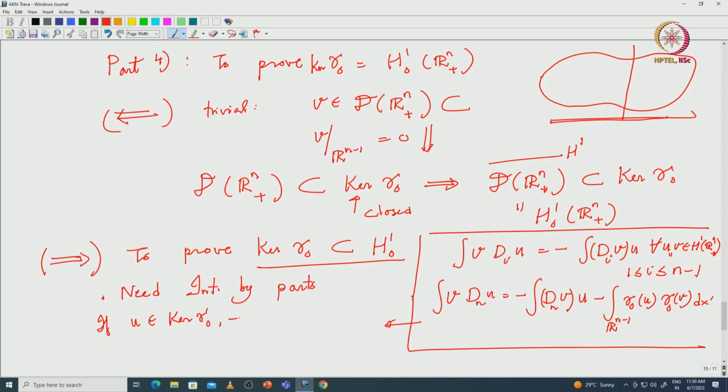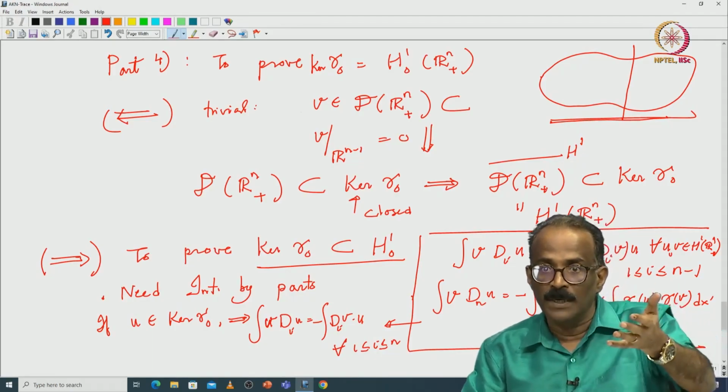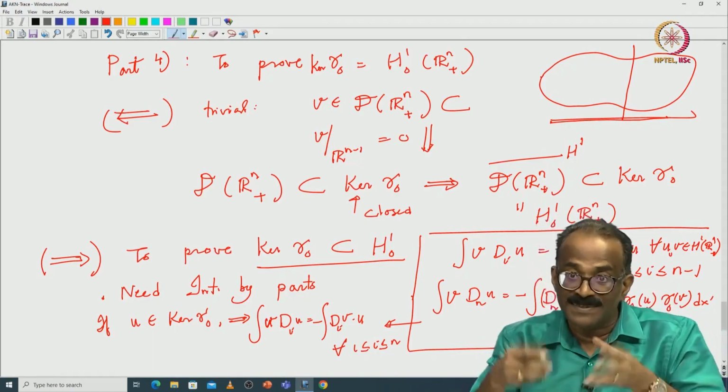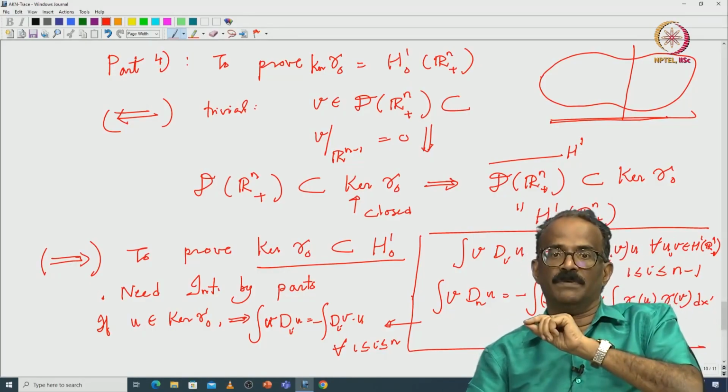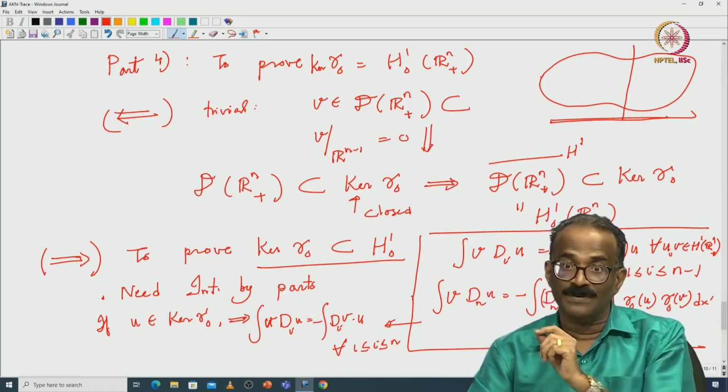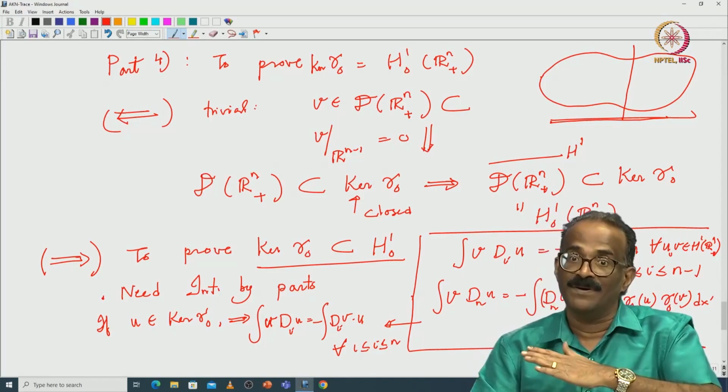So, you get immediately the integral of v d_i u equal to minus the integral of d_i v u, for all 1 less than or equal to i less than or equal to n, and this is the exact formula you need for the extension. So, if gamma naught of u equals 0, you can extend by 0. The extra boundary term would only pick up the boundary values.